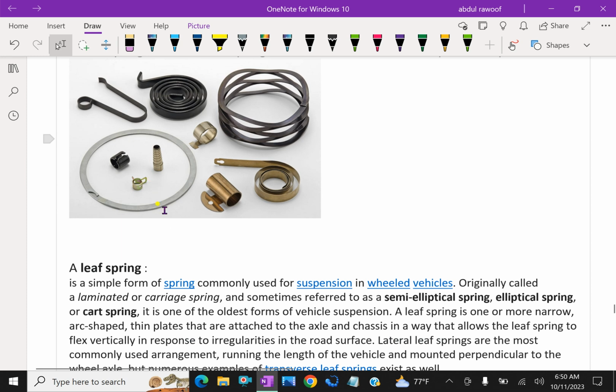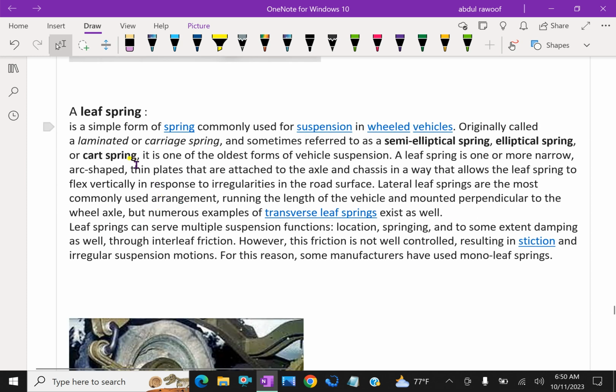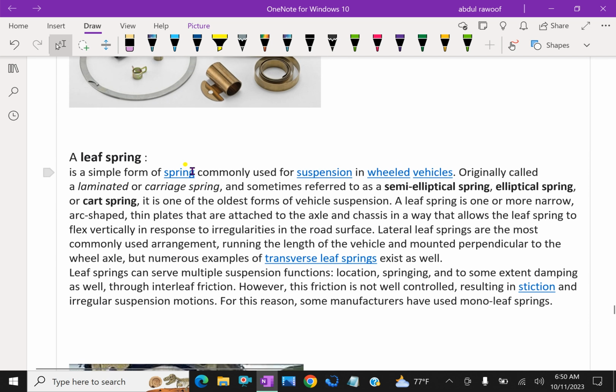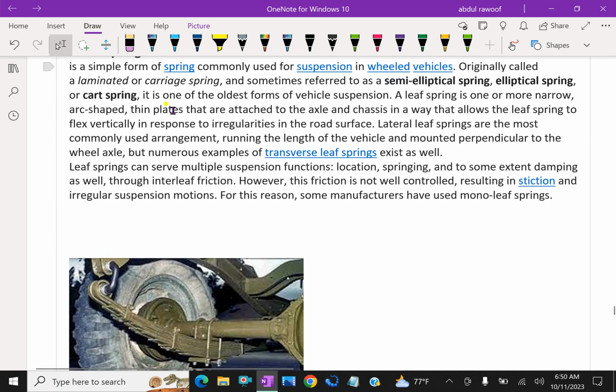Now, the leaf spring. A simple form of leaf spring is commonly used for suspension in wheeled vehicles and heavy vehicles. It is sometimes referred to as a laminated spring, elliptical spring, or cart spring.